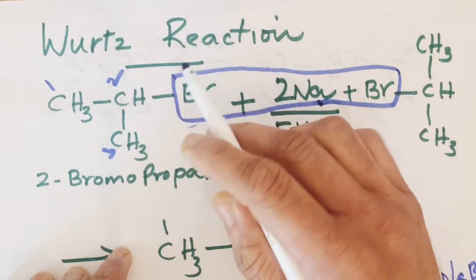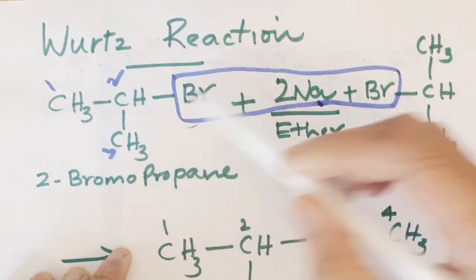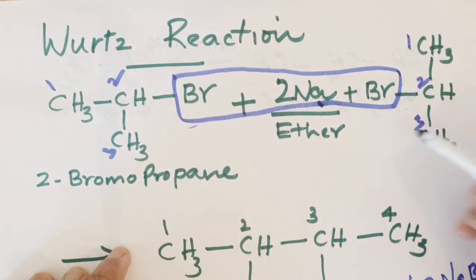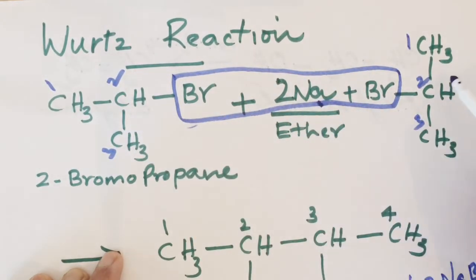So after bromine leaves, there is a group left here, and there is another group that's called propyl group. Here is a propyl group because a 1, 2, 3 carbon atoms containing alkyl group is a propyl group. So these two alkyl groups combine together and form a branched hydrocarbon.